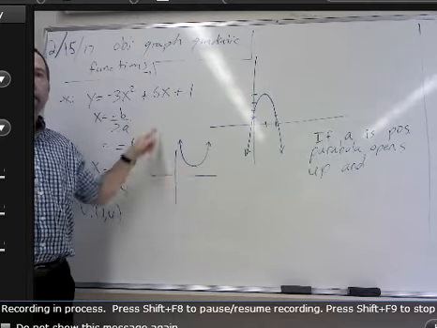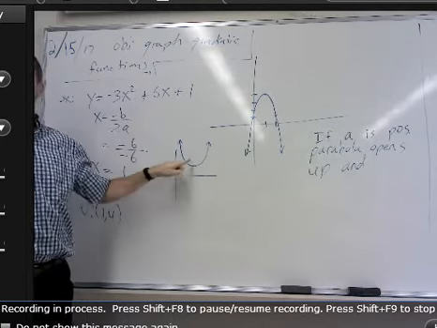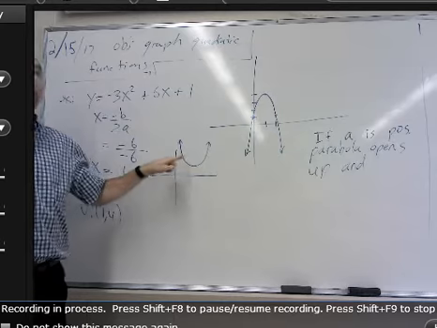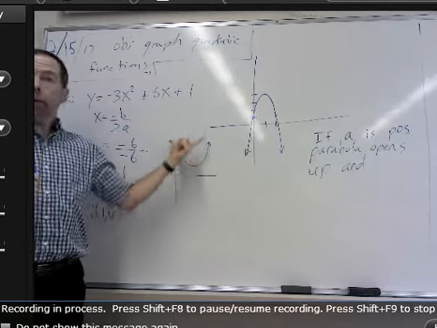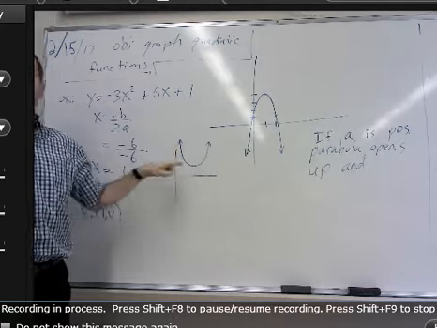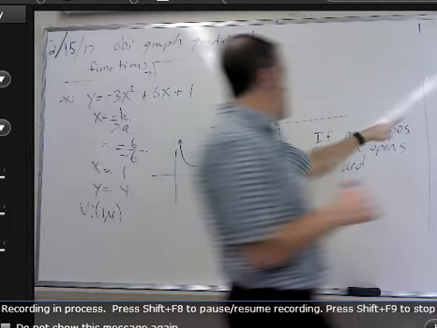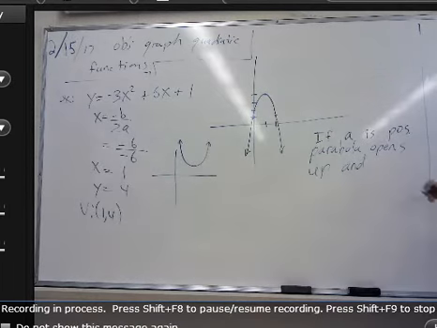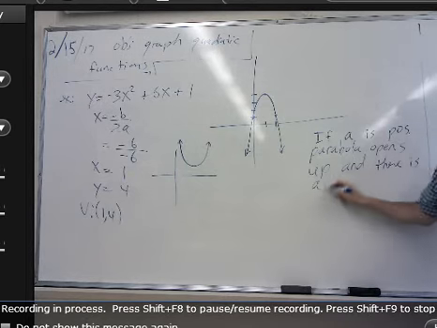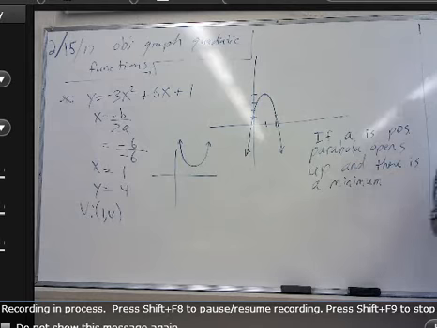It has a minimum. It is the lowest point. So when we open up, we have a minimum. So if A is positive, the parabola opens up, and there is a minimum. We'll talk more about that in a few minutes.